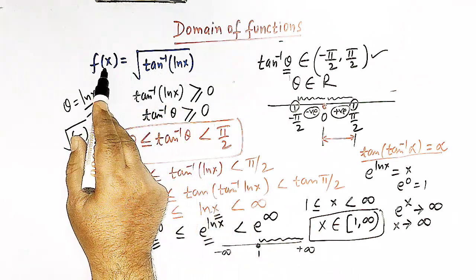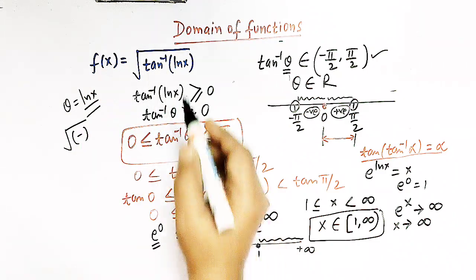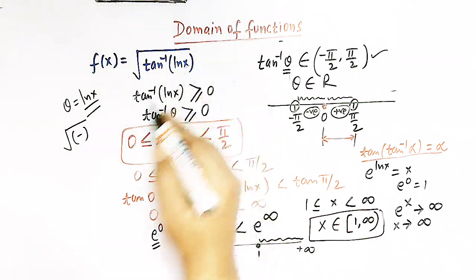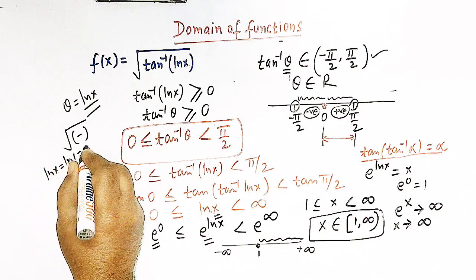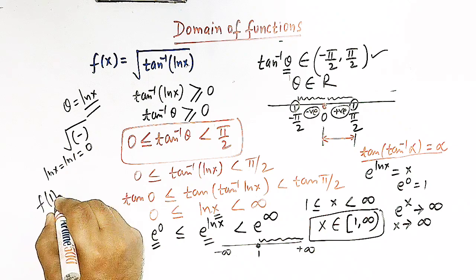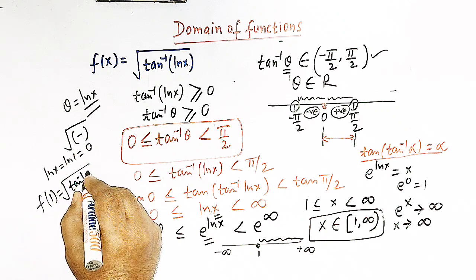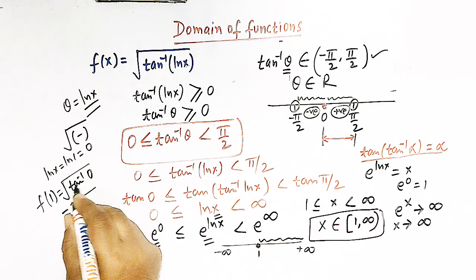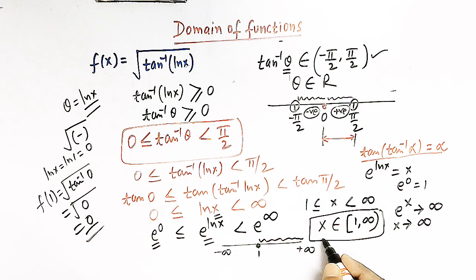The function is defined at x equal to 1, because the natural log of 1 is 0. So f of 1 is the square root of tan inverse of 0, and tan inverse 0 is 0, so we have 0. So this is the domain of this function f of x.